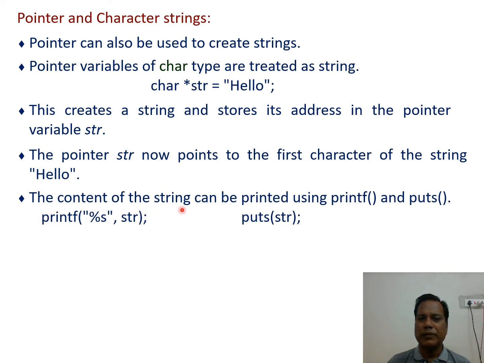The content of the string can be printed using the printf and puts output functions. So printf("%s", str). The value pointed to by str, the string held by str, gets printed at this point.